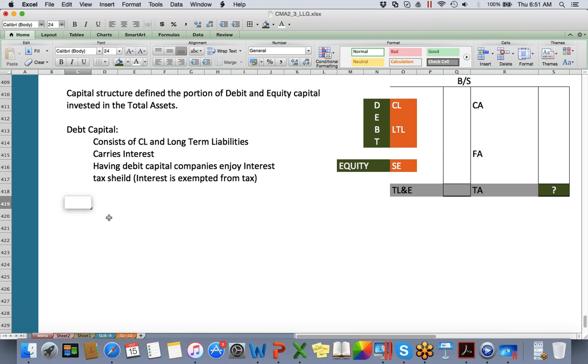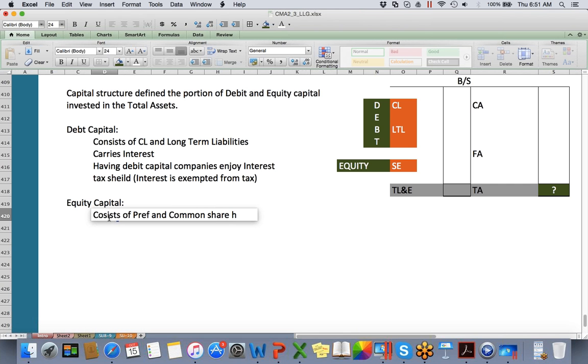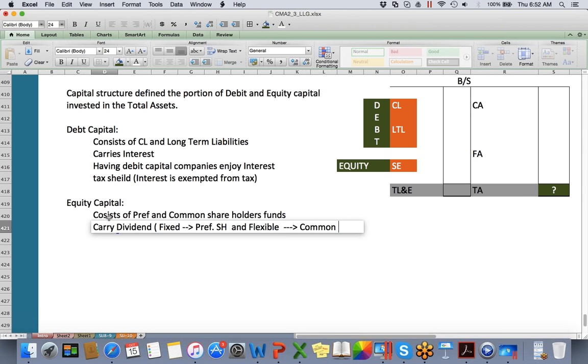Equity capital consists of preference and common shareholders' funds. It carries dividend, fixed for preference shareholders and flexible for common shareholders.